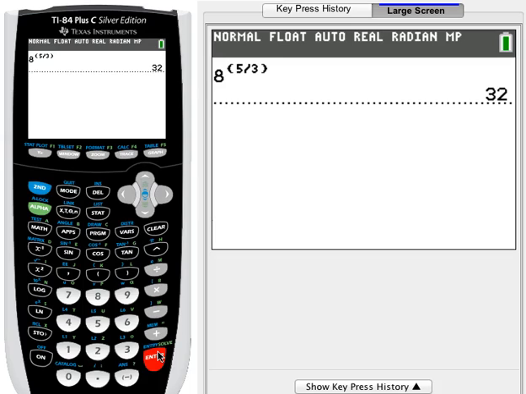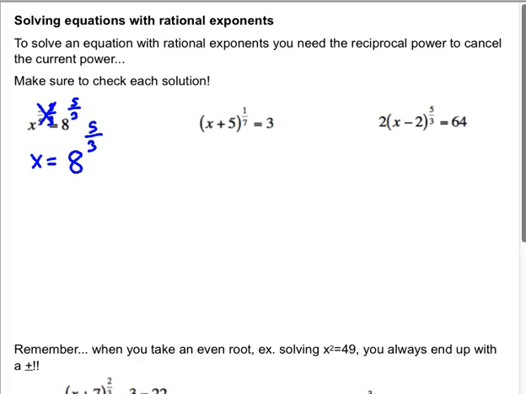I'm giving you that as a little piece of advice: if you just have a number to a power, just type it in and boom, it'll give you the answer. So here, 8 to the 5/3 gives me 32.